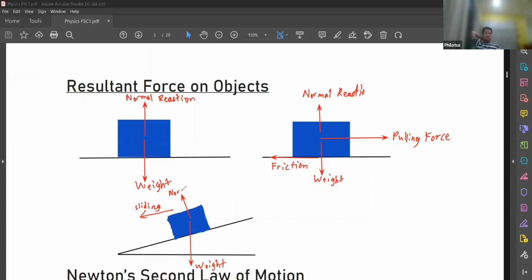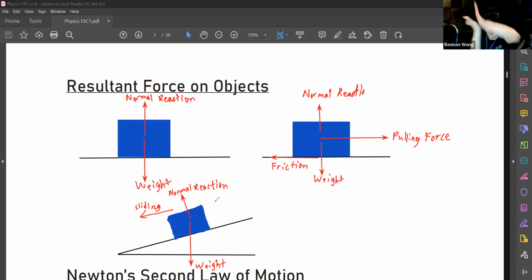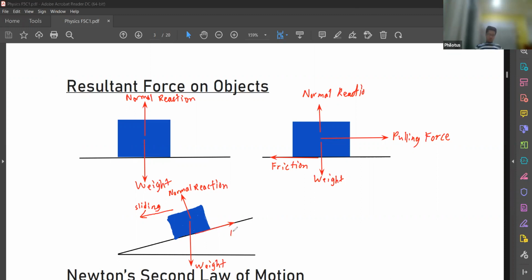Other than normal reaction, when the thing is sliding down, do you think there's friction? Yes, that's friction. Friction will be between the surfaces. So these are all the forces acting on this object.